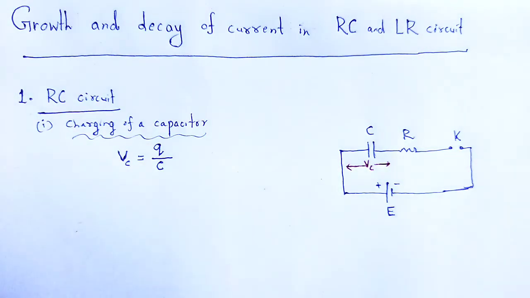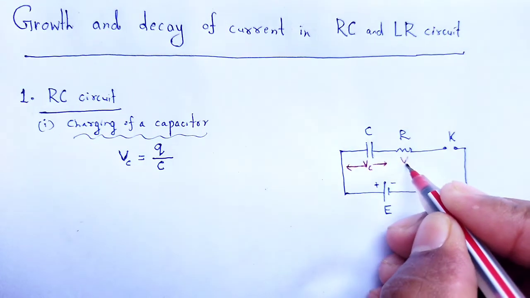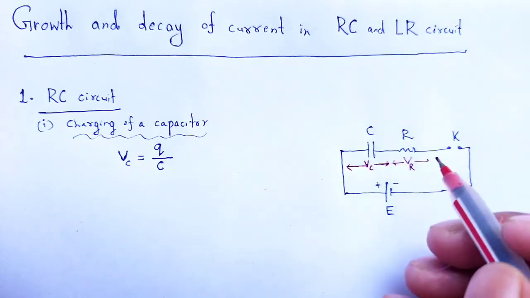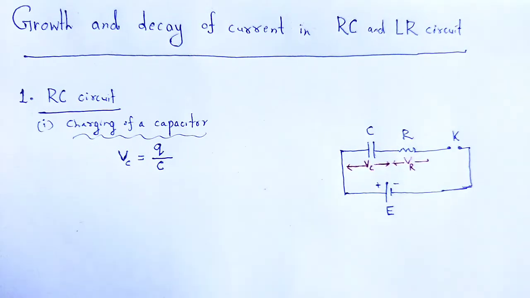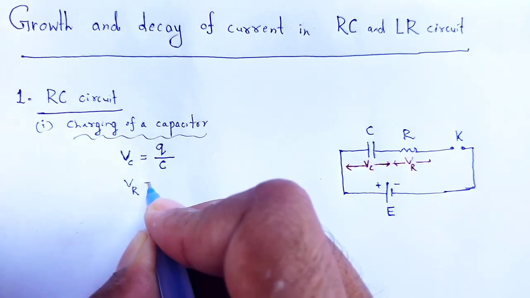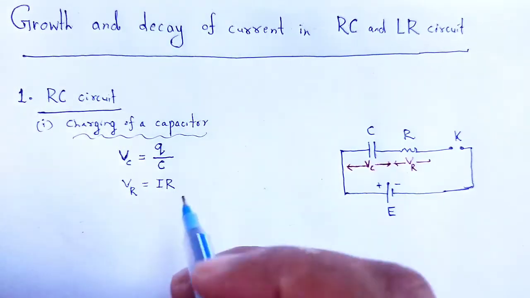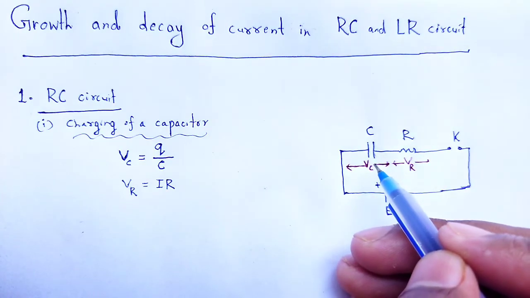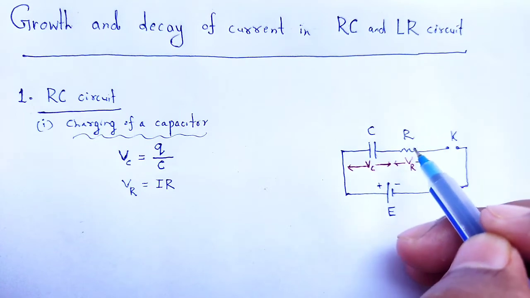Similarly, the potential difference V of R is set off across the resistor, which is equal to I into R. I is the current, R is the resistance offered by the resistor.